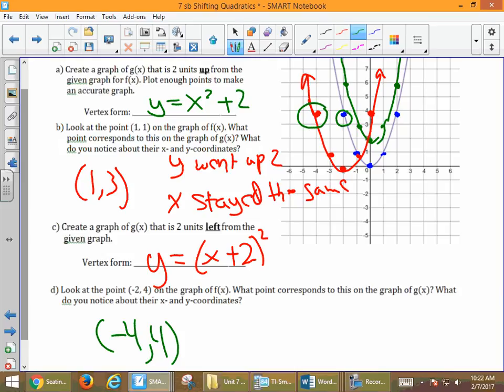So what do you guys notice about the x coordinates between these 2 points? Is it the same? Is it different? And if so, by how much? So the x was subtracted by 2, or was 2 less than our original.